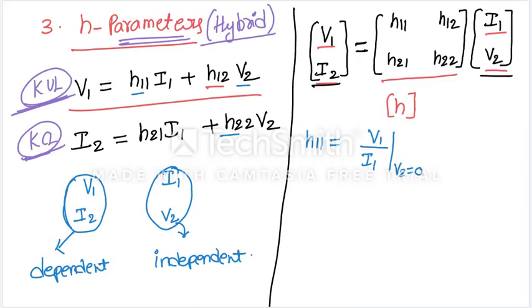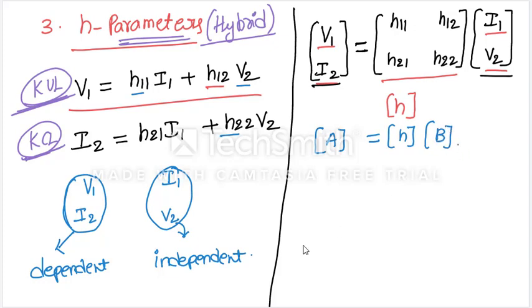Now you can see this. Let us call this the A matrix, which is equal to H into the B matrix.